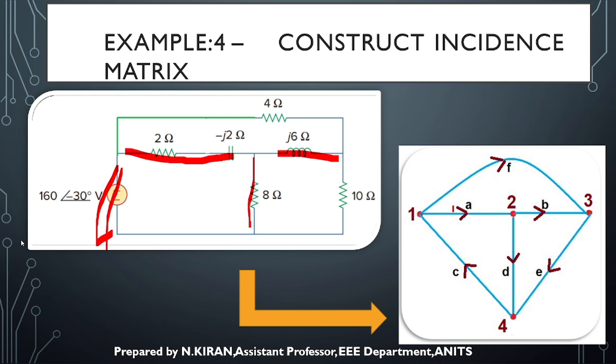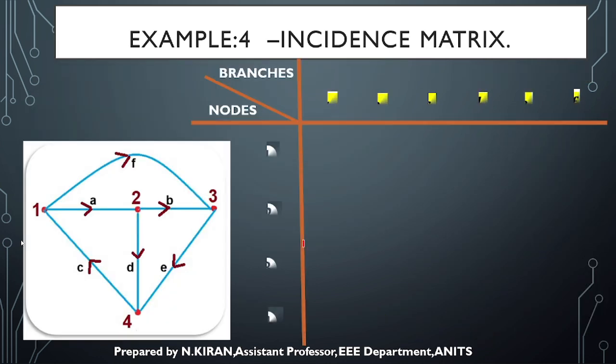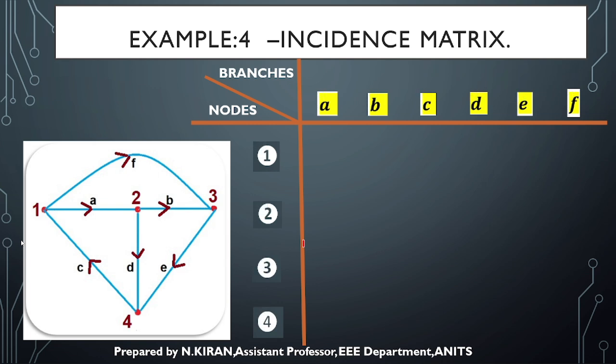So I can assume my own directions. In an exam, everyone may not get the same answer because one may differ in assuming the arbitrary directions of every branch. So here the number of nodes is 4, the branches are 6.